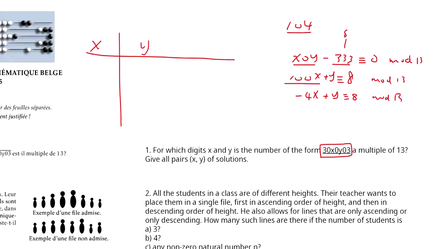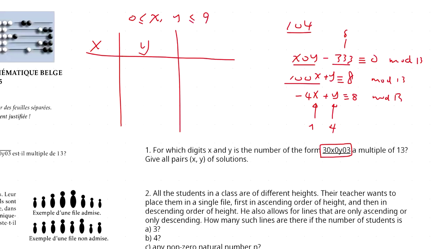So it's clear that when x is increased by 1, y will be increased by 4, right? But a requirement is that x and y are digits. So by nature, x and y are non-negative and no more than 9, because they are digits, right? So we start with x as 0.